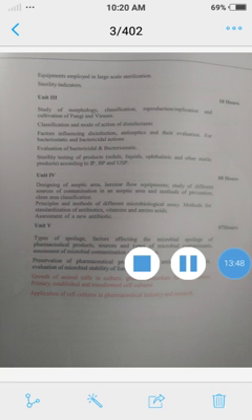Then sterility testing of various products, that is sterility testing of solids, liquids, ophthalmic and other sterile products. The sterility testing as per Indian Pharmacopoeia, British Pharmacopoeia, and United States Pharmacopoeia.